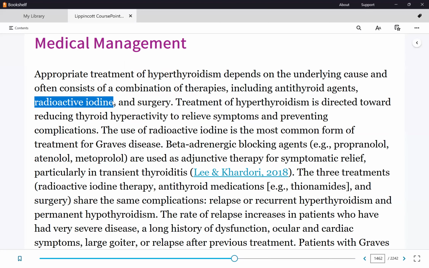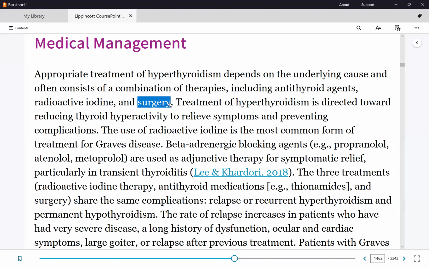However, this is to treat the Graves' disease, so therefore this is now RAI 131. Earlier, for diagnostic purposes, it was RAI 123. This is 131. And then finally, surgery. There is supportive treatment here as well. I mentioned the cardiac medication. So those are our options.